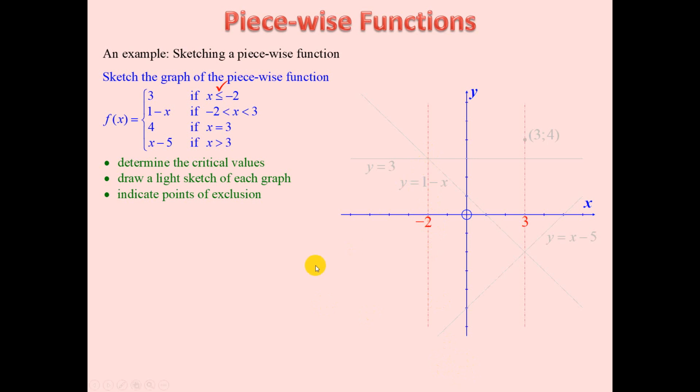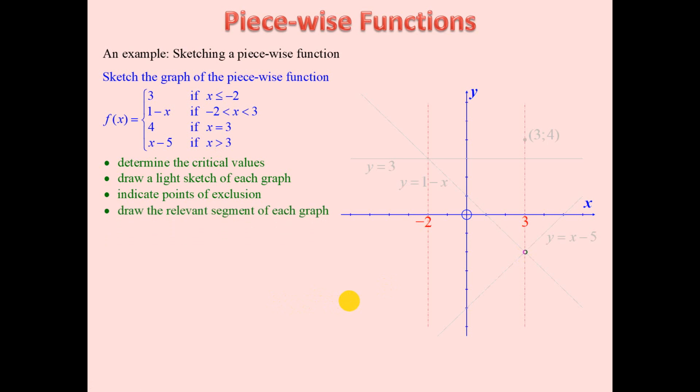So we don't have to worry about that one. That is part of the graph anyway. If we look at the less than 3, we have less than 3, greater than 3 on the lines anyway. So in fact, there's no equal to 3. The equal to 3 is way up there, a totally separate section. So therefore, we have to put one of these open dots there where the two lines join.